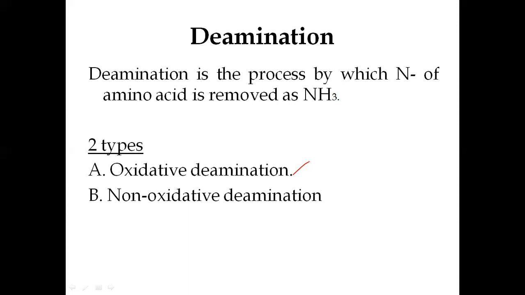That means D amino acid oxidases act on D amino acids, whereas L amino acid oxidases act on L amino acids respectively. And they oxidatively remove the NH2 group in the form of NH3 from these amino acids.